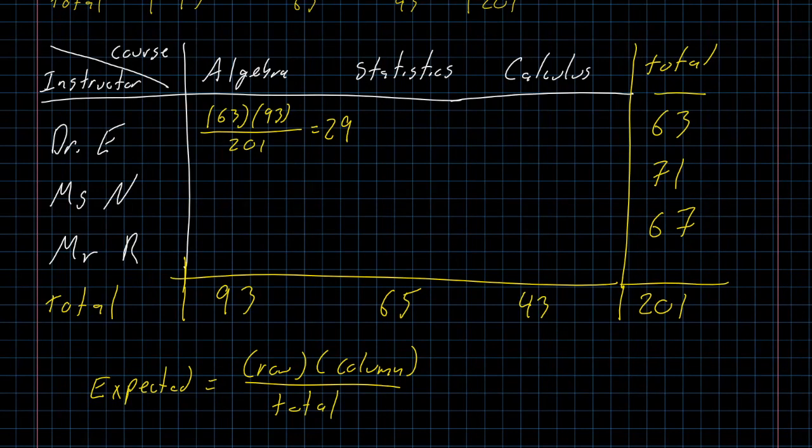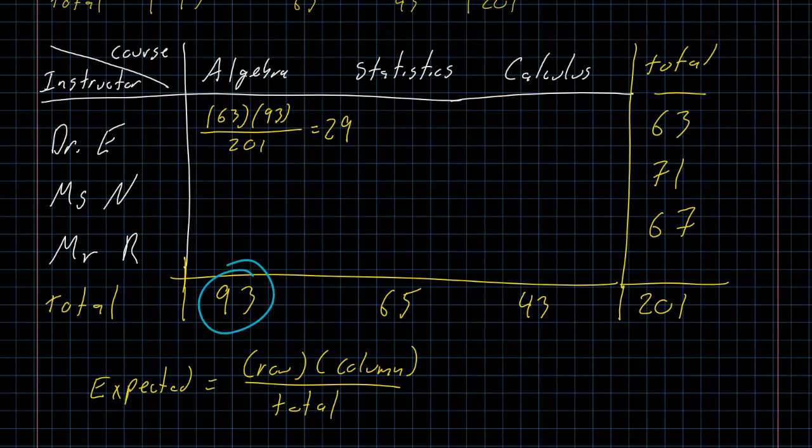If I took just the row, 63 divided by 201, so just this much of the calculation, that is the portion of the total, the percent of the total population that took Dr. E. If I multiply that by 93, that will give me the fraction, instead of as a percent, that will turn it into a portion of those 93 students who took algebra.